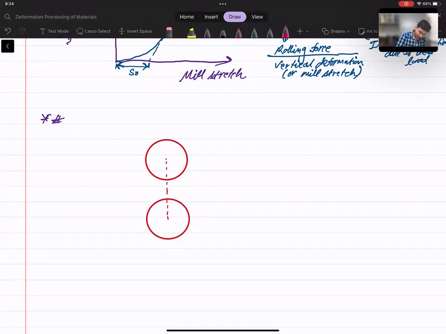Suppose this is a workpiece which is being deformed. Okay. This is the product we are getting.